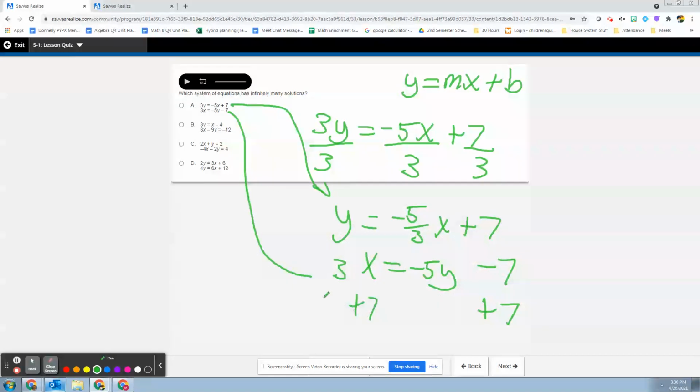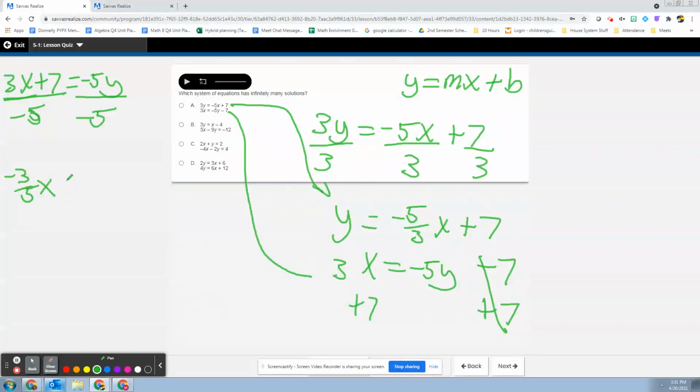So I add 7 here: 3x plus 7 equals negative 5y, and these will cancel out. Then I divide both sides by negative 5, so I end up with negative 3/5 x minus 7/5 equals y.